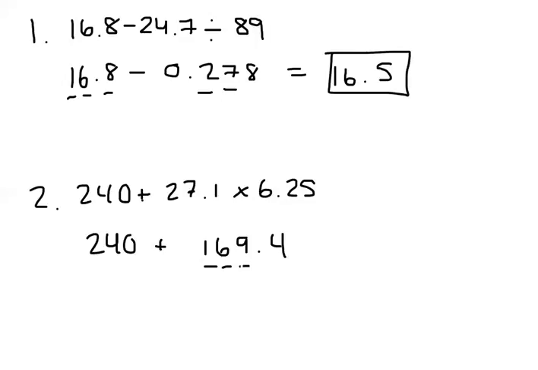So when we get our answer, it would be 409.4, but we have to be specific to what place? Tens. This 0 is insignificant because there's no decimal. So this is specific to the ones place, yes, but this is specific to the tens place. So our answer is specific to the tens place, which means we round up to 410.